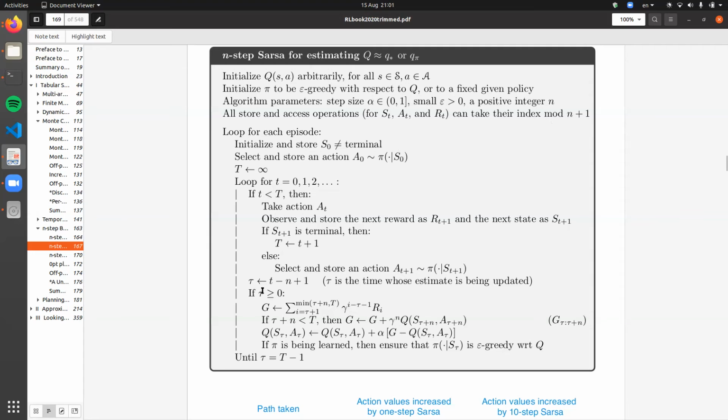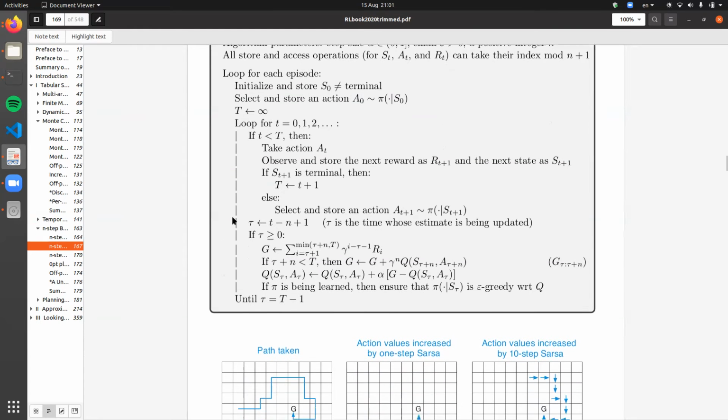This keeps these two parts disentangled. But overall we need to have access to n values to do an update. And then we proceed in a loop.